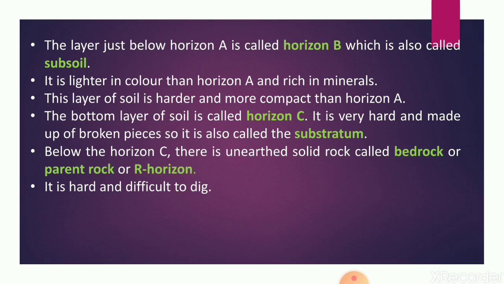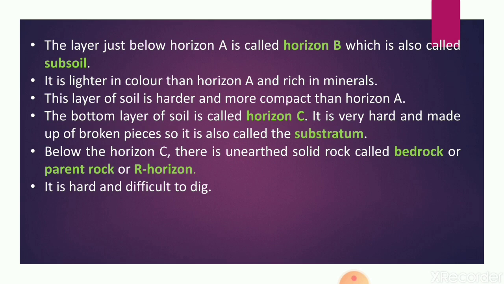Then C horizon. The bottom layer of soil is called horizon C, or substratum. It is called substratum because it is very hard, and it is made up of broken pieces of rocks, and cracks are present in that rock.